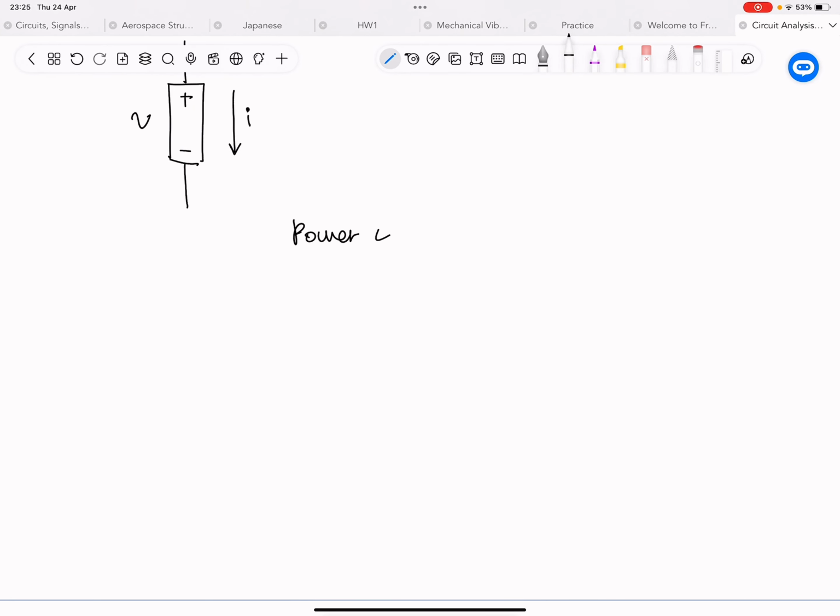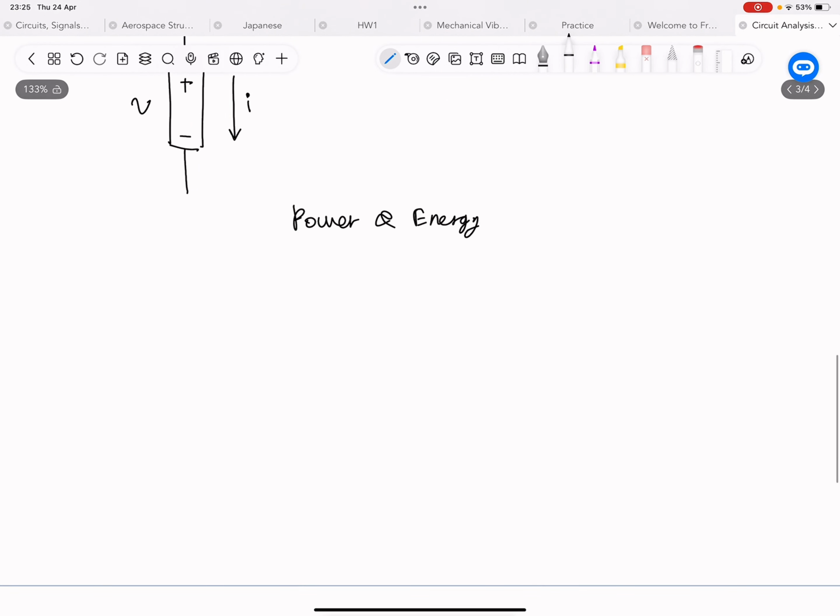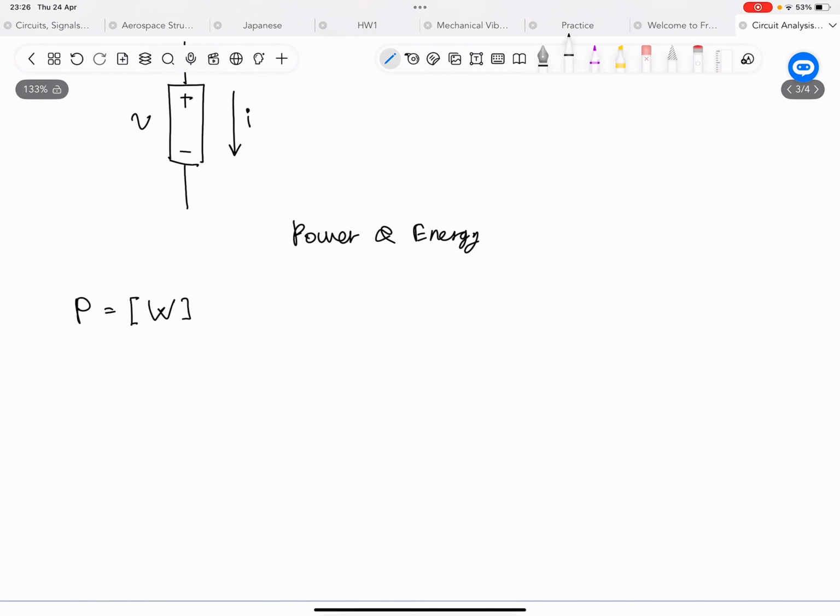Power is represented by letter P, and it has a unit of watts. Obviously, you can have, for example, milliwatts, microwatts, or even megawatts. I hope you know all this.